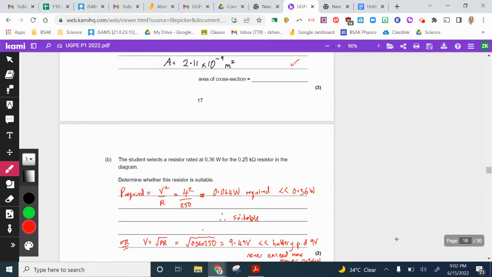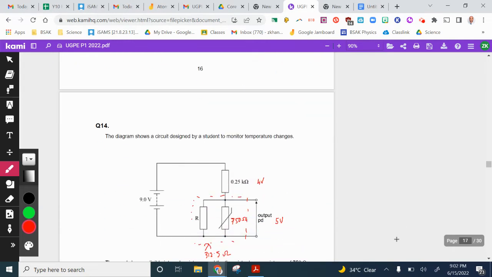Now we know the battery is supplying 9 volts, and we've just said the resistor can handle just over 9 volts. So therefore it's suitable.